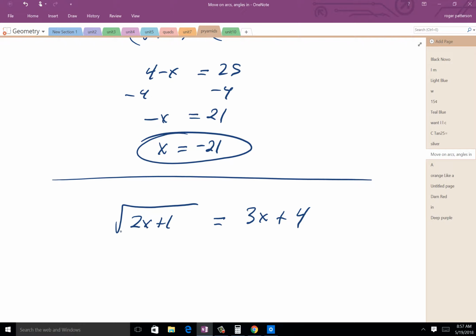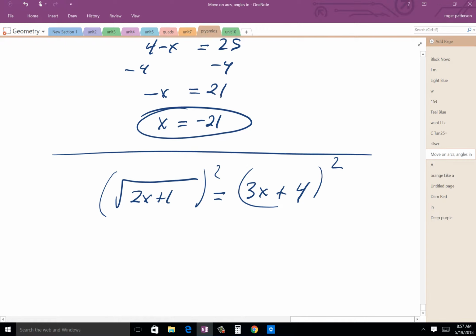We'll run with this. It's not going to be very nice, but we'll run with it. All right, this is going to be 2x plus 1. That's good.